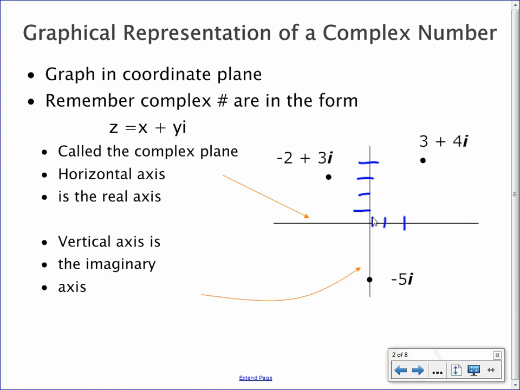Okay. This number over here, negative 2 plus 3i, we moved left 2 on our real axis and then up 3 on our imaginary axis. And then here's the number negative 5i. We did not have a real piece to this, so we did not move horizontally, and we just moved down 5.